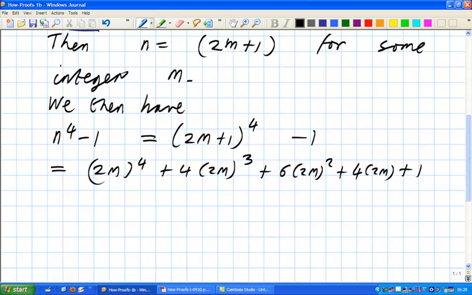That's 2m plus 1 to the fourth power. Put that in brackets and subtract 1 off at the end.